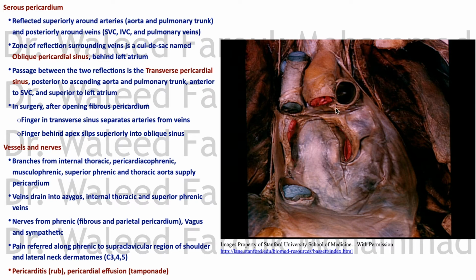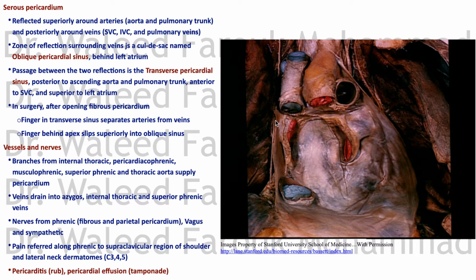It will be in front, there will be serous pericardium, and behind you will be serous pericardium, and at the same time you will be separating the veins, the superior vena cava and pulmonary veins, from the pulmonary trunk and the arch of the aorta. This is the pulmonary trunk and this is the aorta. This is the superior vena cava.